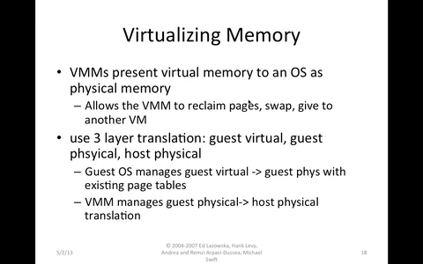So one thing that happens here that I didn't bring up earlier that I should have brought up is that when you use this approach, what goes in the TLB is the result of the 2-level translation. So normally we will put in the TLB the translation all the way from the guest virtual addresses up here all the way down to the physical memory.